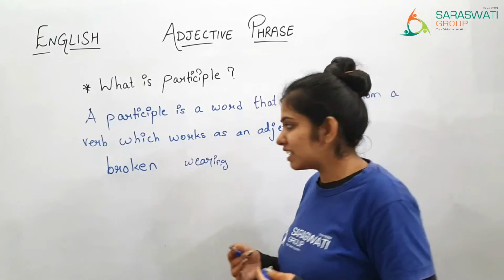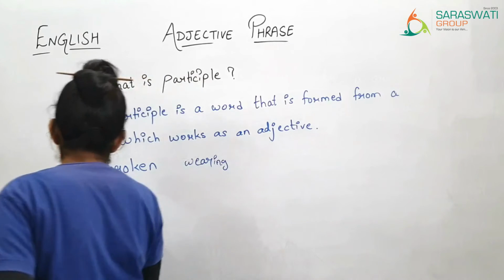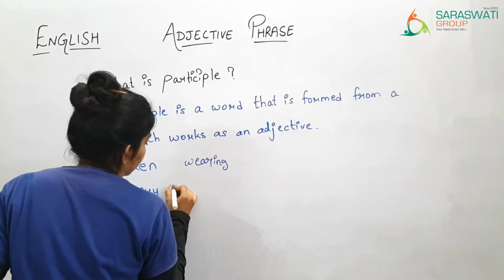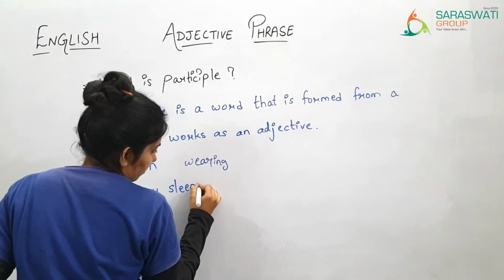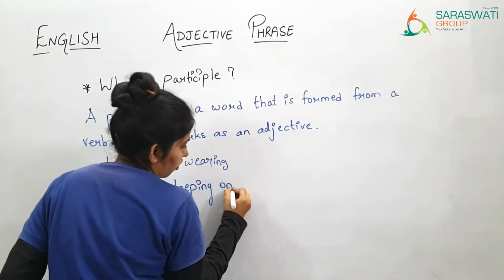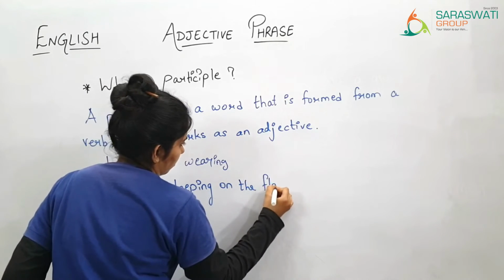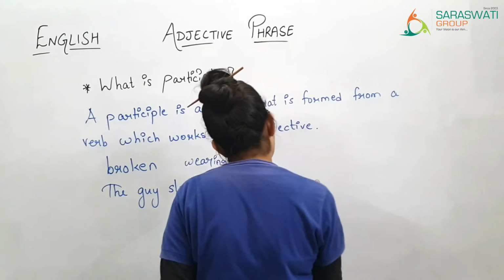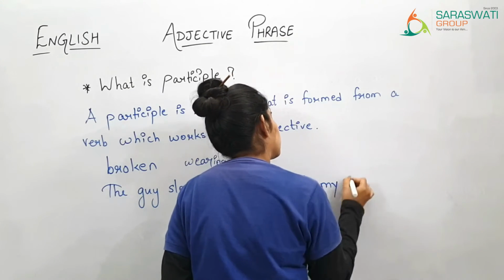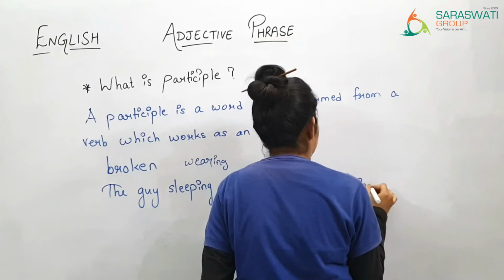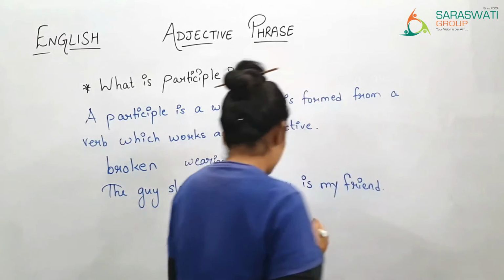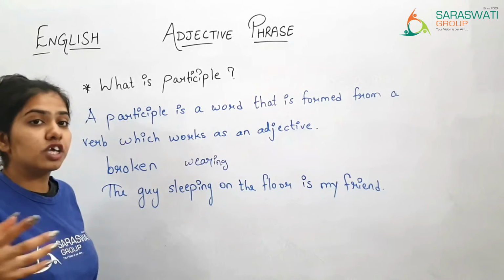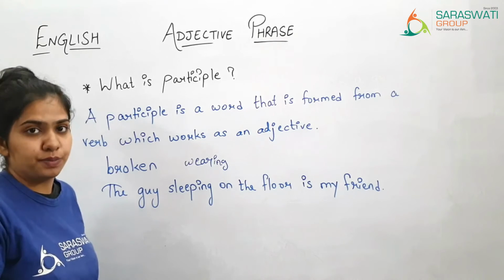The guy sleeping on the floor is my friend. Now what is the verb over here? That is sleeping, right? So sleeping is working over here as a participle.